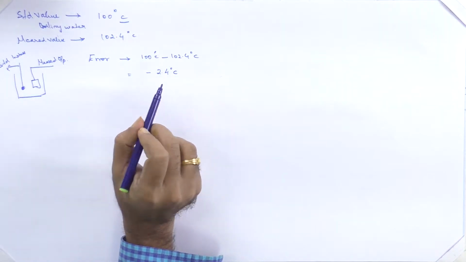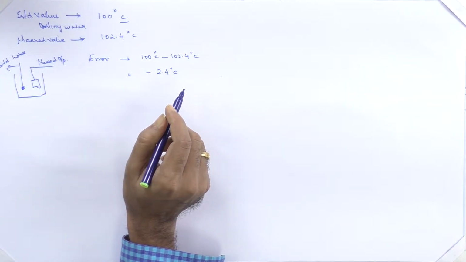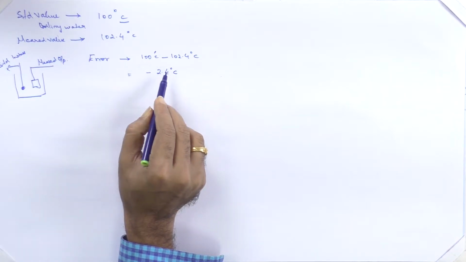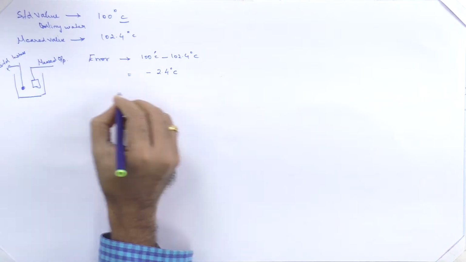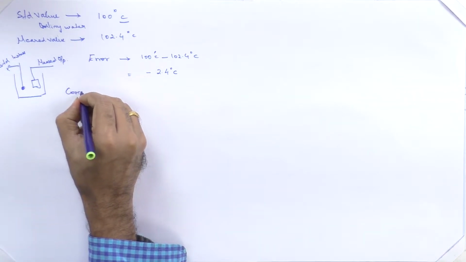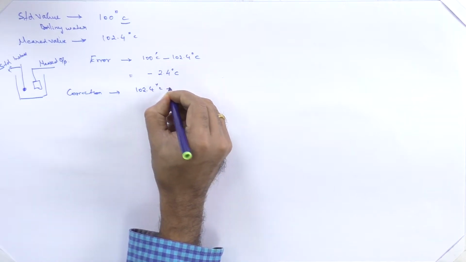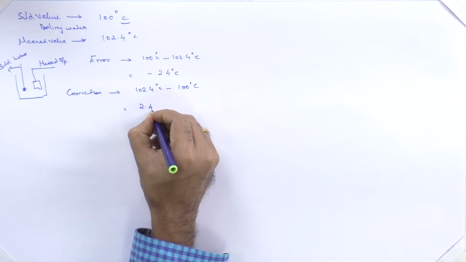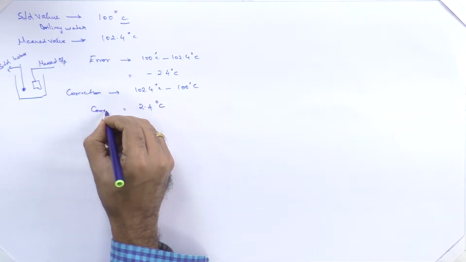To correct this minus 2.4, what we need to do for our measured value is reduce it by 2.4 degrees. See the correction: 102.4 degrees centigrade minus 100 degrees centigrade is equal to 2.4. So this is the correction.